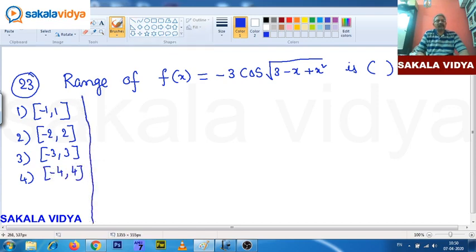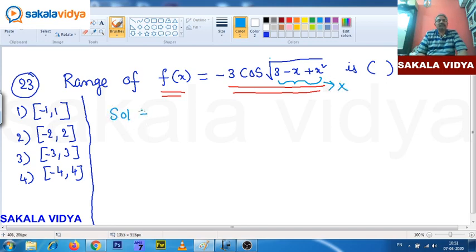Range means maximum and minimum values we need to find out. The range of f of x is equal to minus 3 cos of root of 3 minus x plus x square. Now, for example, you say this part is equal to something, capital X. Now the solution becomes like this.